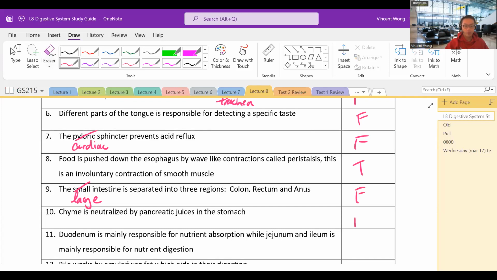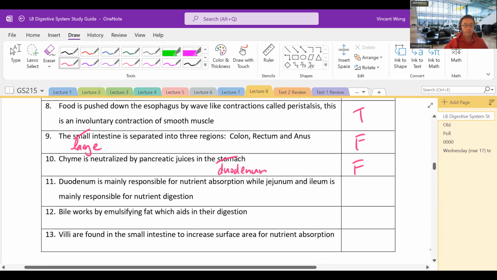That is false. The chyme is neutralized by pancreatic juices in the duodenum. The food is still being digested by the acid in the stomach, so there's no point neutralizing it there. By the way, what is in the pancreatic juice that helps you neutralize the chyme? What's the chemical that's responsible for doing that?